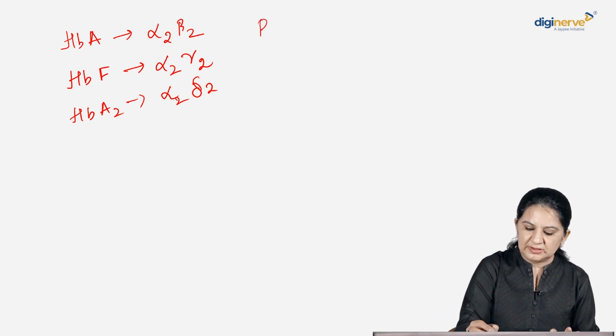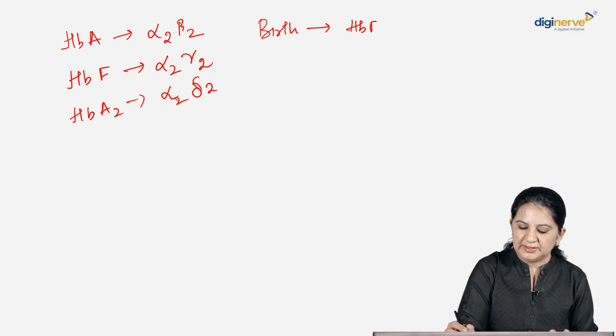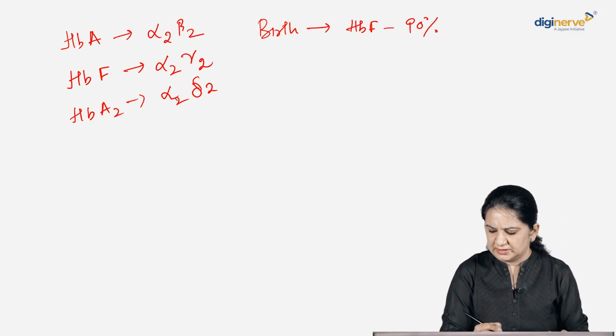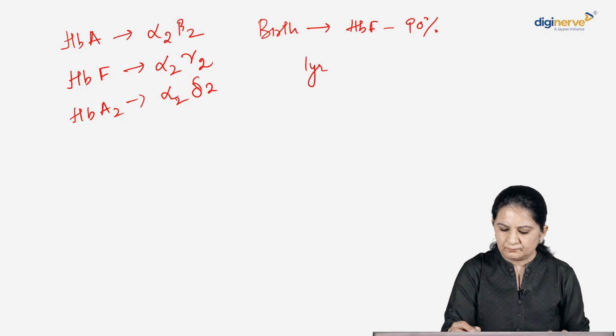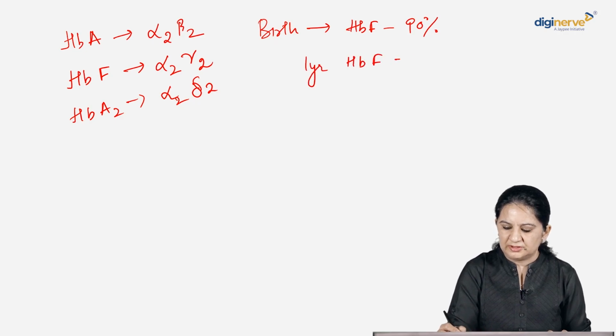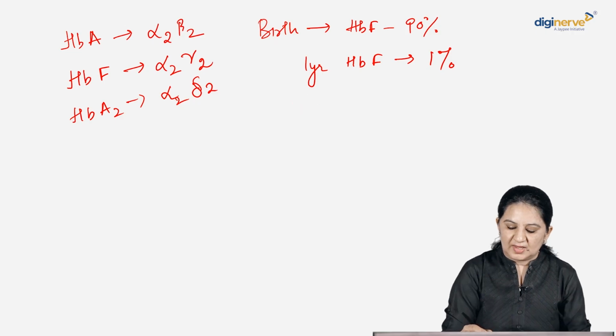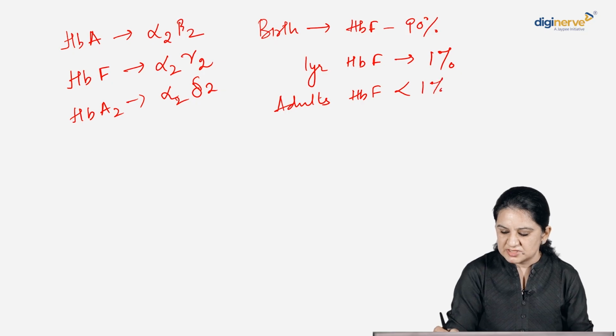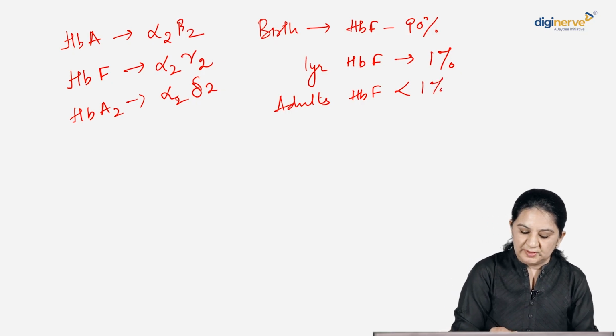What is seen at birth? At birth there would be predominantly hemoglobin F, almost 90%. At 1 year, the hemoglobin F reduces to around 1%, and in adults, the fetal hemoglobin is less than 1%. What is the hemoglobin makeup in adults?